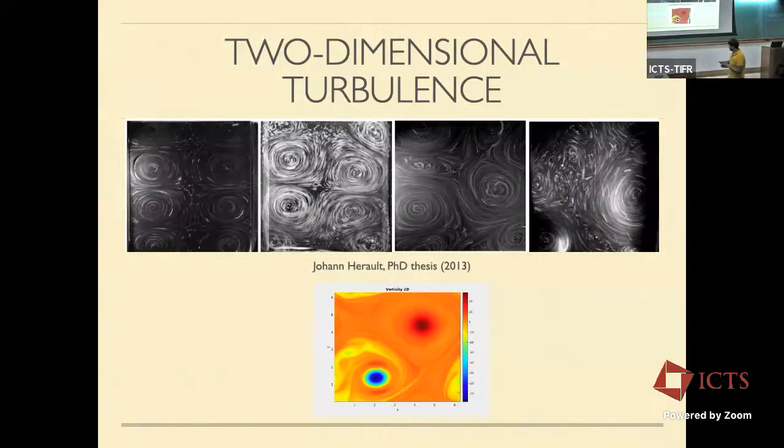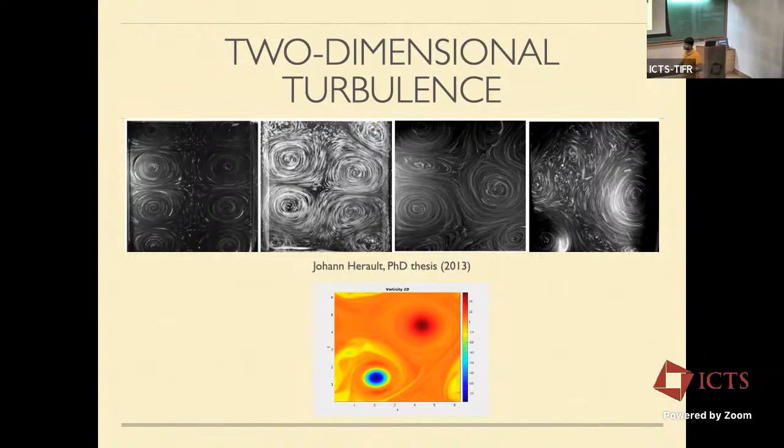And if the driving is very small, you can see these nice vortical structures. There are some particles which are seeded, so you can see these vortical structures which are of alternate sign, depending on how your magnets are kept at the bottom. Right? So it's a very thin layer of liquid metal which is being driven by a Lorentz force, a magnetically forced system. And as we increase the forcing, so you amp up the current or you increase the strength of these magnets, you see that there's a route to turbulence, right?